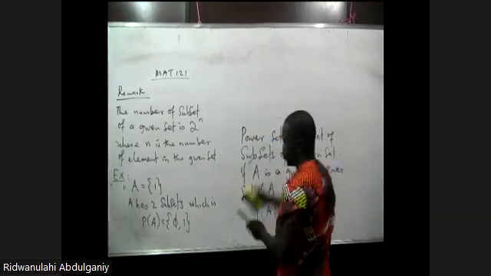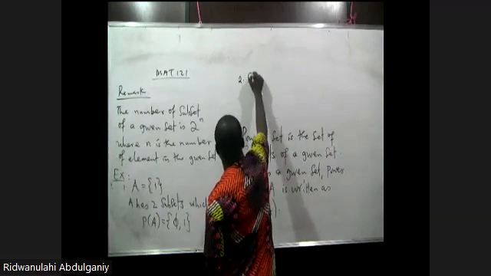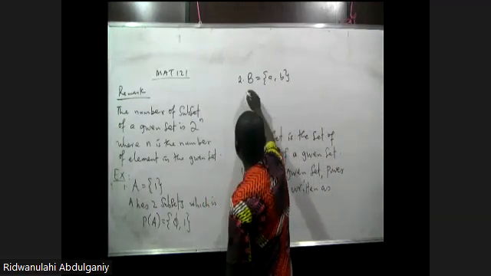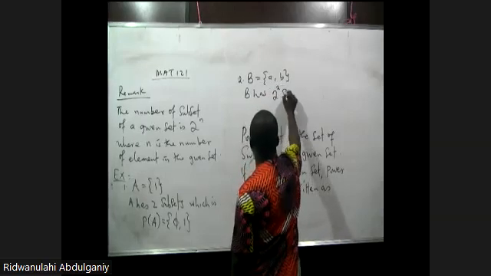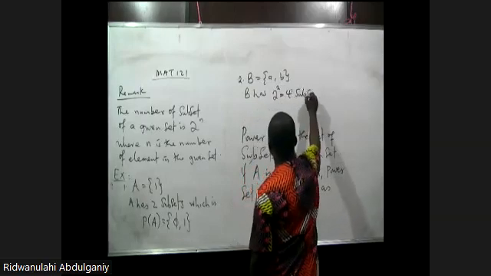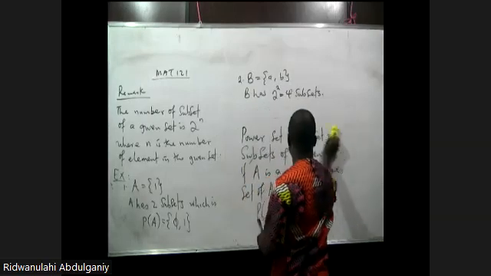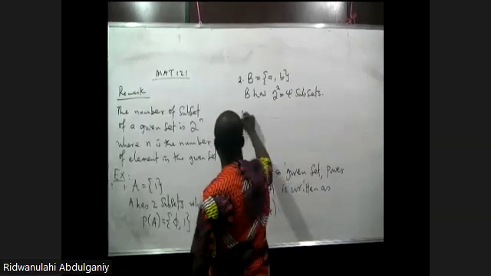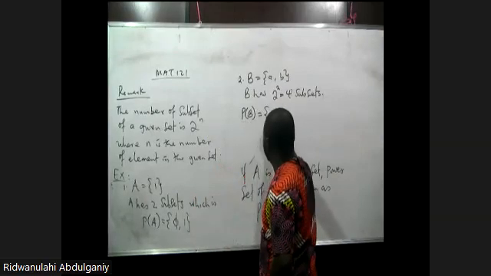Example 2. Suppose I have B equals A, B. B has 2 raised to power 2 subsets. 2 raised to power 2 equals 4 subsets. So the power set of B equals, we start with empty.